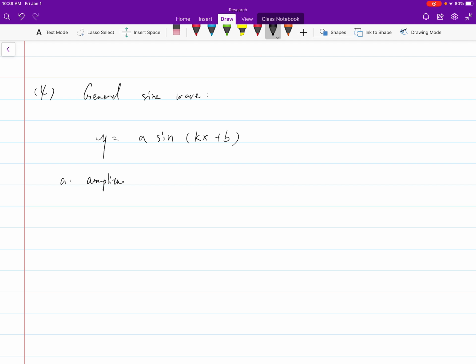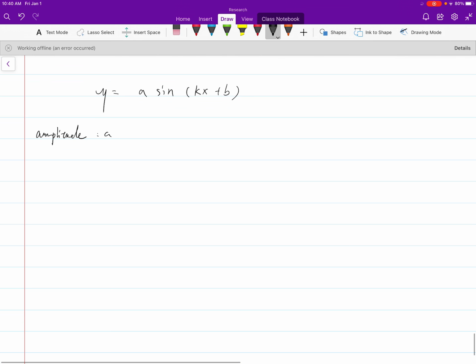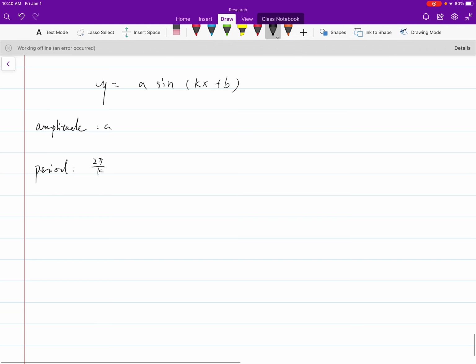Now starting from here, you should be able to read the amplitude, the period, and the phase shift.